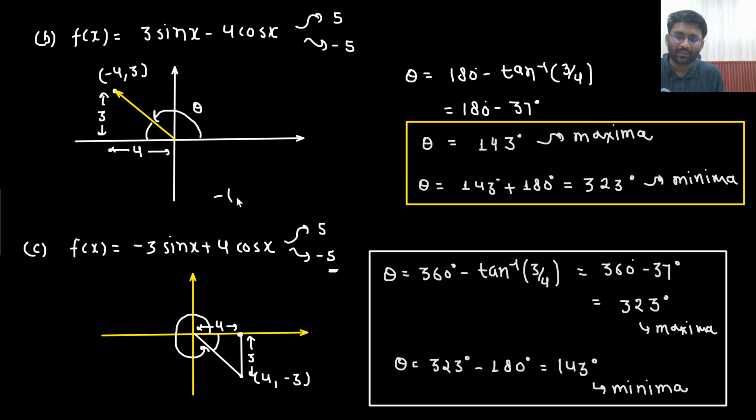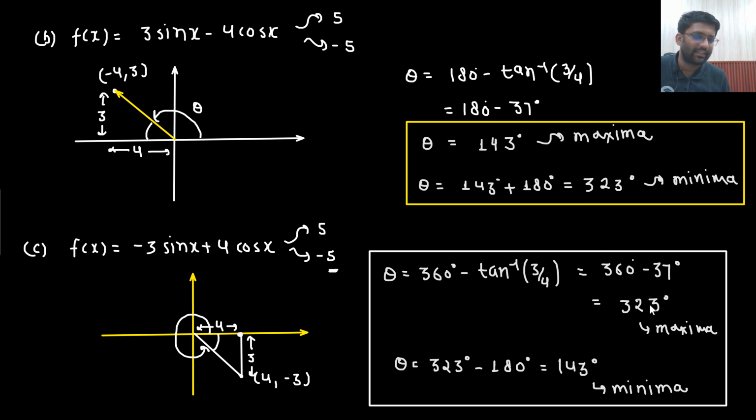You are getting minus 1.8, plus cos 143 degrees into 4, and then minus 1.8. Yes, you are getting minus 5 only. So this is how you can recheck your answer as well. Put this angle here and you will get your answer.